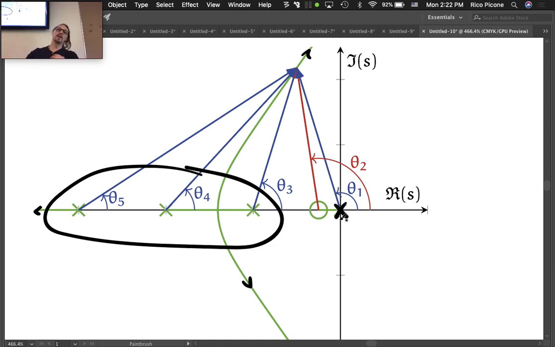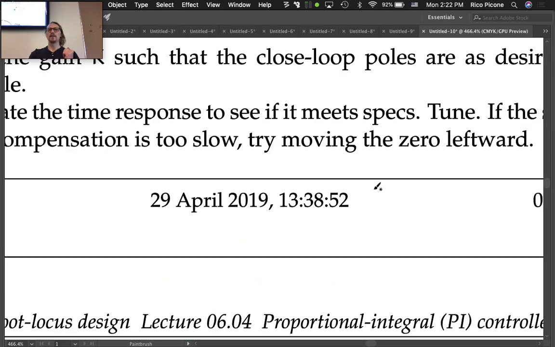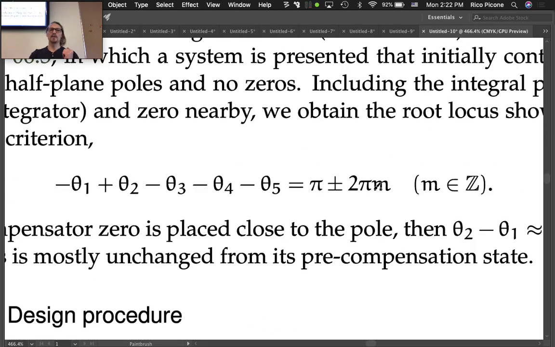But instead of just leaving it as a pole, we also include a compensator zero nearby, which, if you'll recall, has the opposite sign in the angle criterion. So a pole and a zero have the opposite sign. And if you look at the equation here, you see, this was an original pole, an original pole, an original pole.